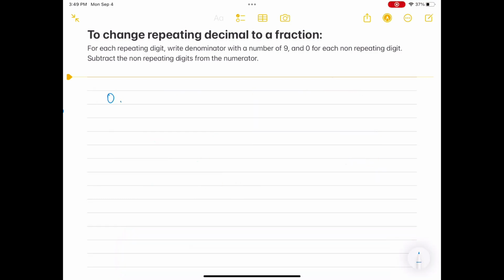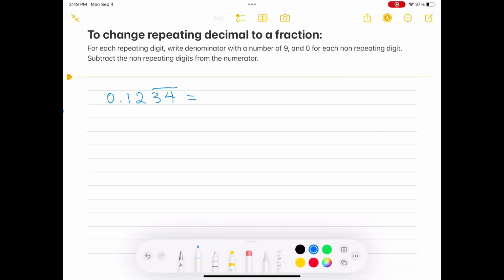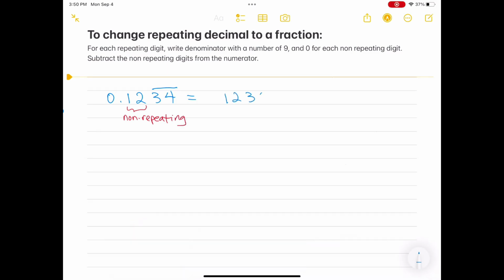Okay, let's look at 0.1234 with 3 and 4 as the repeating digits. And we note that 1 and 2 are the non-repeating digits that need to be subtracted from the numerator. So we start by writing the numerator as 1234 minus 12.